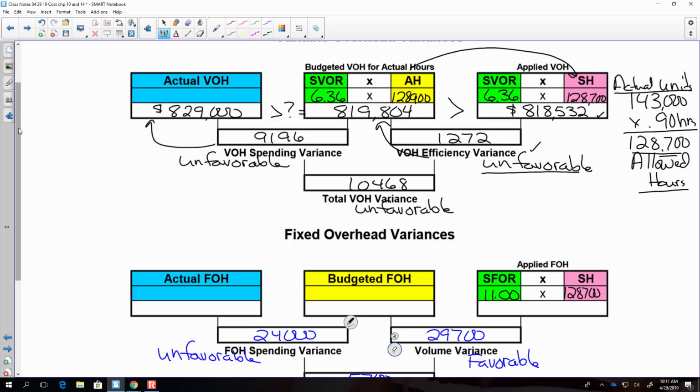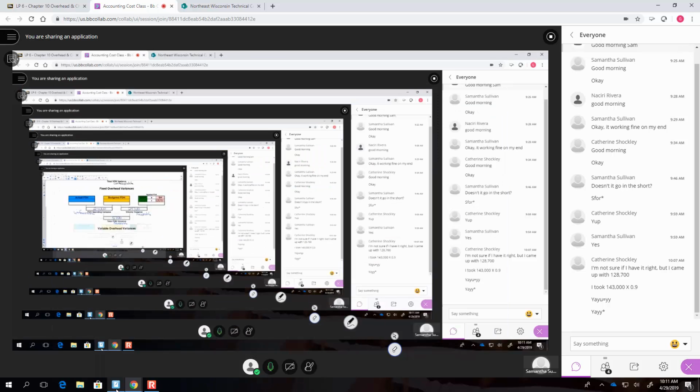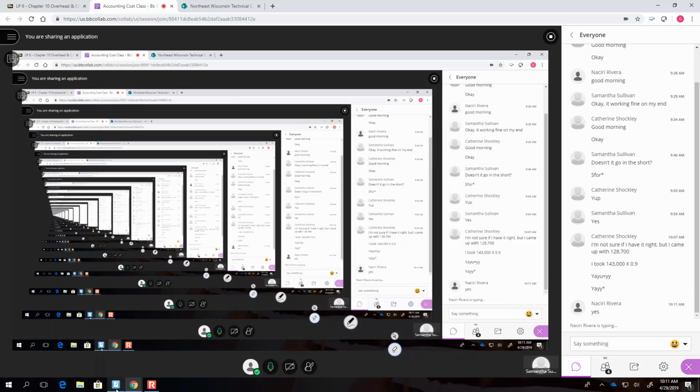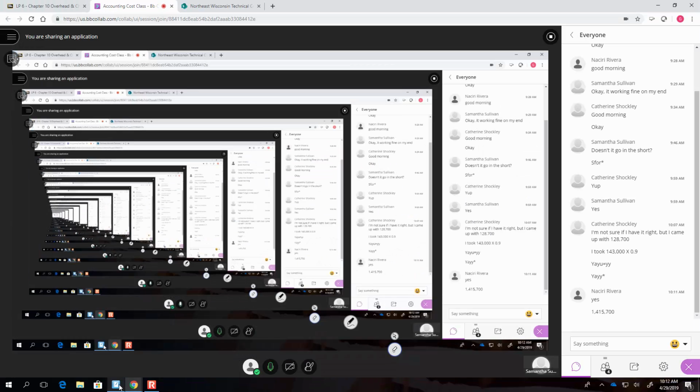Ruby, are you home? Awesome. Can you tell me what the applied fixed overhead is? I'm over here on the right. What is this dollar amount? $1,415,700.